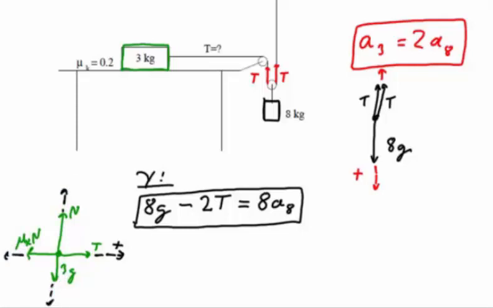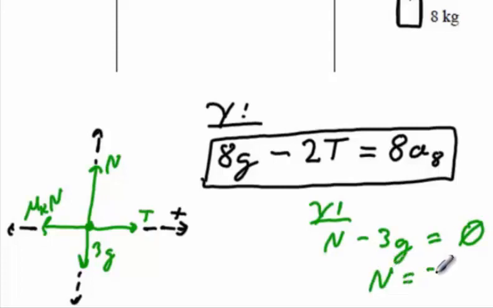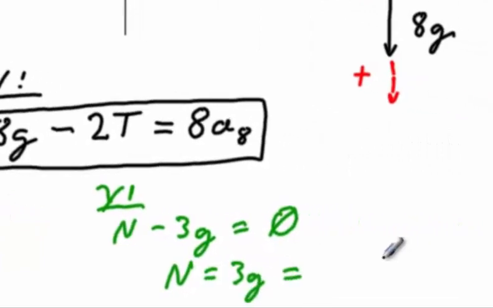We'll analyze the vertical coordinate first, so that in the y direction, the normal force we'll call positive, minus 3g, equals the acceleration in the y direction, which is 0, leading us to the result that N is 3g, which is equal to 29.4 newtons.